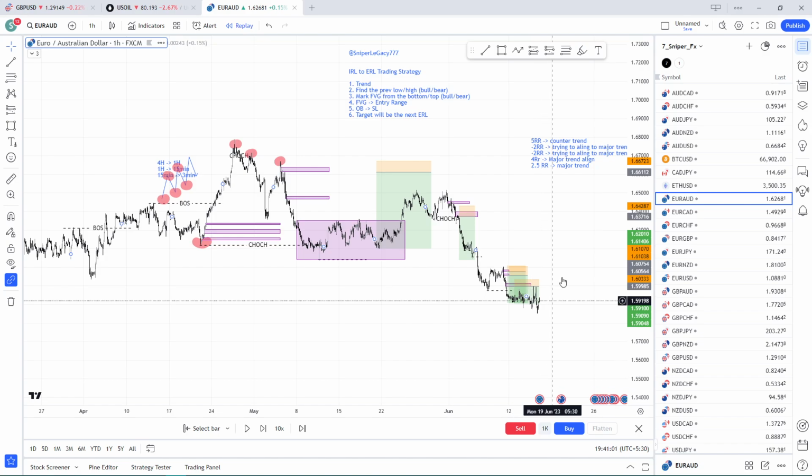So in 2.5 months, how much are we up? We are up by 7.5 RR. If you had risked 1% on each trade, you would have made 7.5% in 2.5 months, right? And if you had risked 2%, you would have made 14%. So how much is risk? So much is reward.